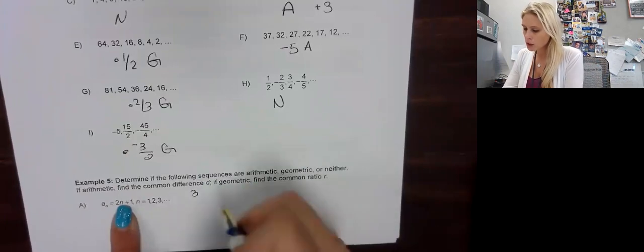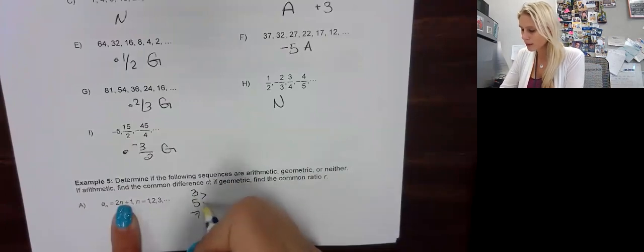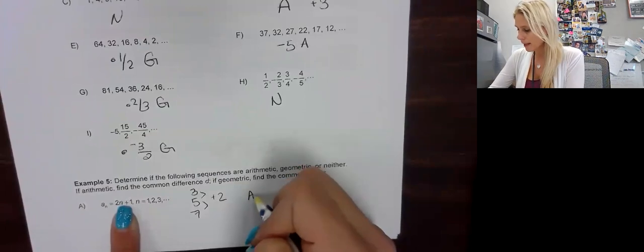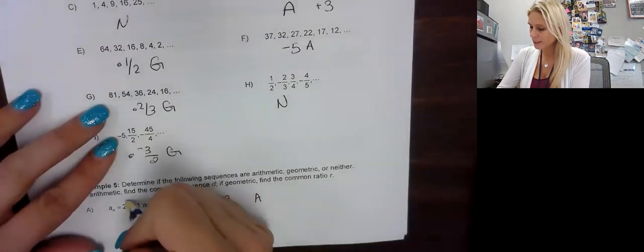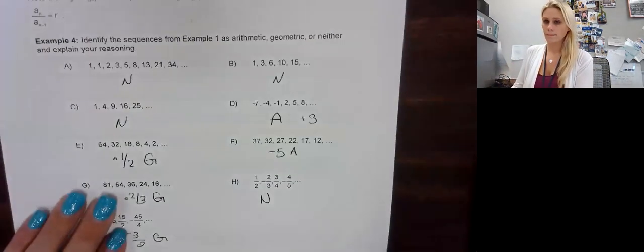Plug in 2, we get 5. Plug in 3, we get 7. What are we doing every time, guys? We are adding 2, so it is arithmetic. By the way, do you guys see that 2 comes from the slope? That will come up later.